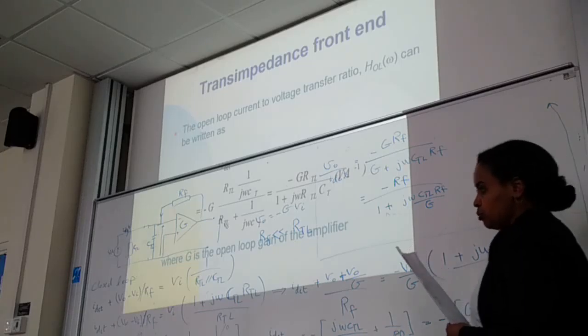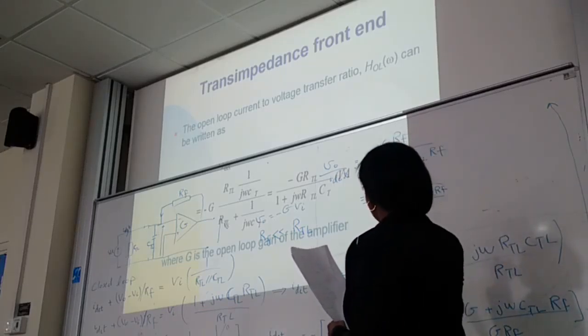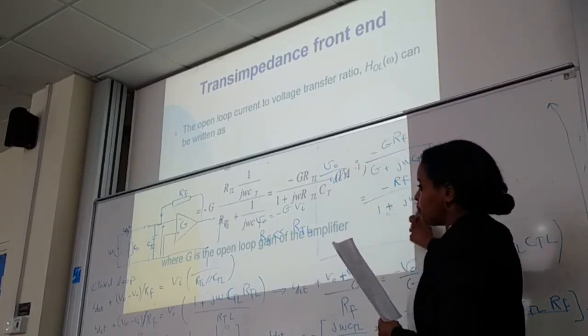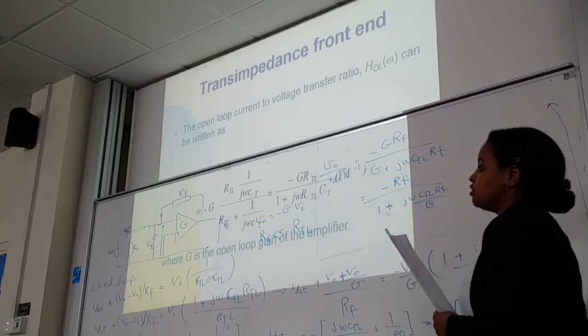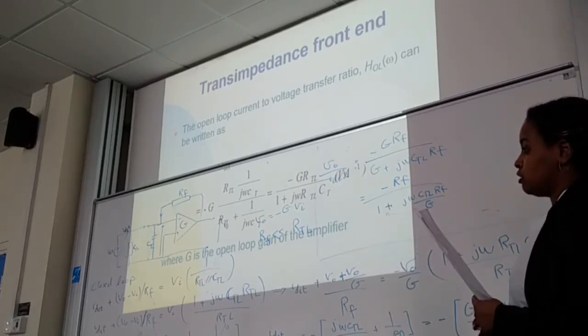Compared to the one we just obtained for the open loop, we can see that now G appears in the imaginary part.